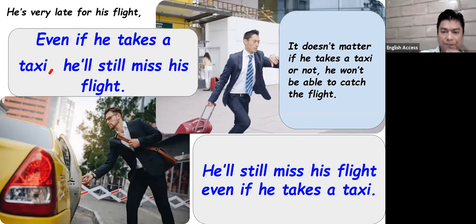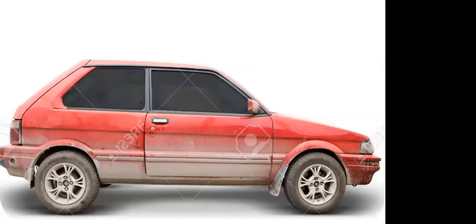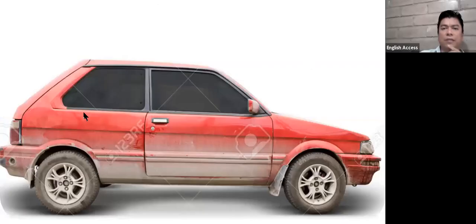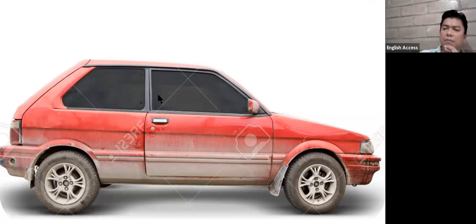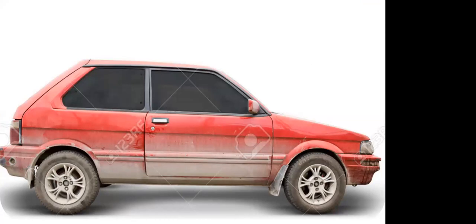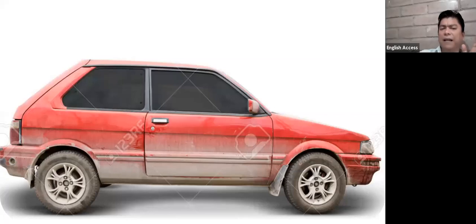More examples? Yes, please. All right. Now, what do you see on the screen? An old car. Is it clean? No. It's dirty. If I wash it, do you think it would look clean, new?